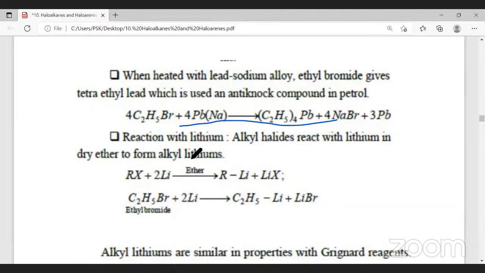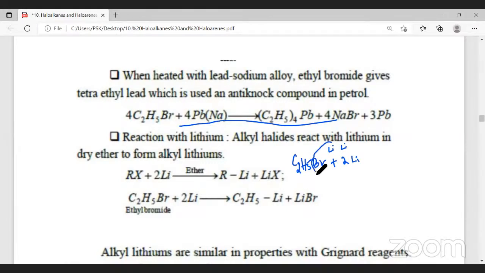Now, reaction of alkyl halide with lithium. Alkyl halides react with lithium in dry ether to form alkyl lithium. It is very simple. Take the alkyl halide C2H5Br, ethyl bromide, bromoethane. When this is allowed to react with 2 moles of lithium, 1 mole of alkyl halide requires 2 moles of lithium, so I will write Li and Li.